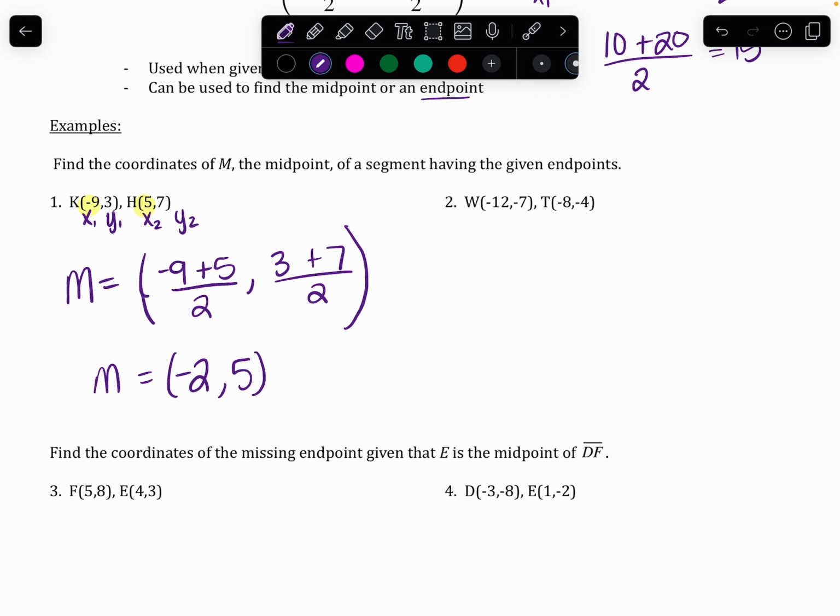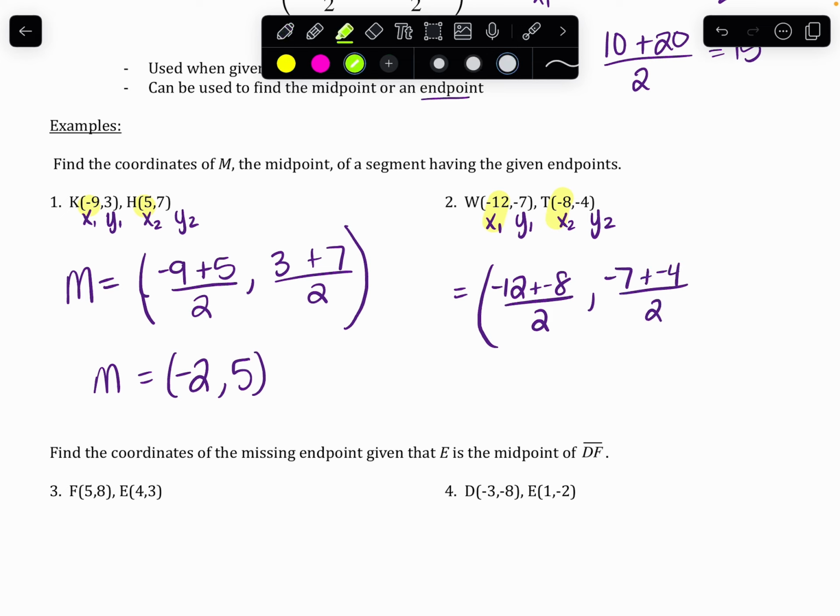All right, let's do this one. If our endpoints are -12, -7, we'll let that one be x1 and y1. And then this will be our second point, x2 and y2. And so we're going to find the x coordinate first, adding the x coordinates together and dividing by 2, -12 plus -8 divided by 2, and then -7 plus -4 divided by 2.